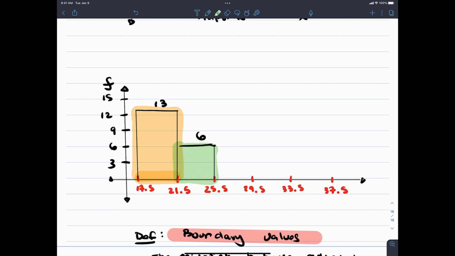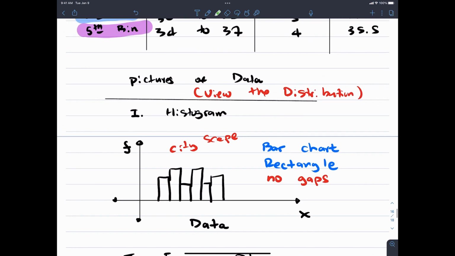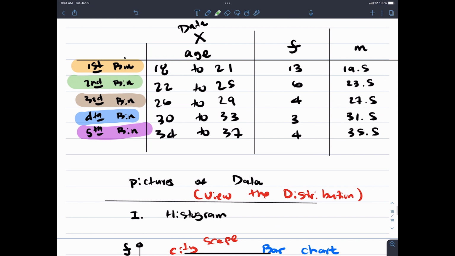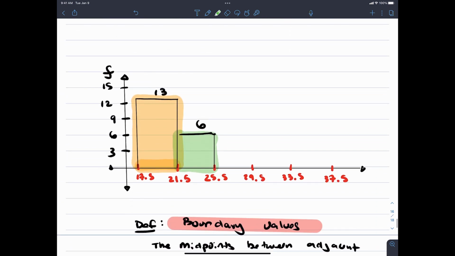And there you go. So what's the altitude for the third bin, ladies and gentlemen? What are you going to do here for the third bin? 4. So I'm going to have a 4 somehow. And you go, well, how does 4 is about what?